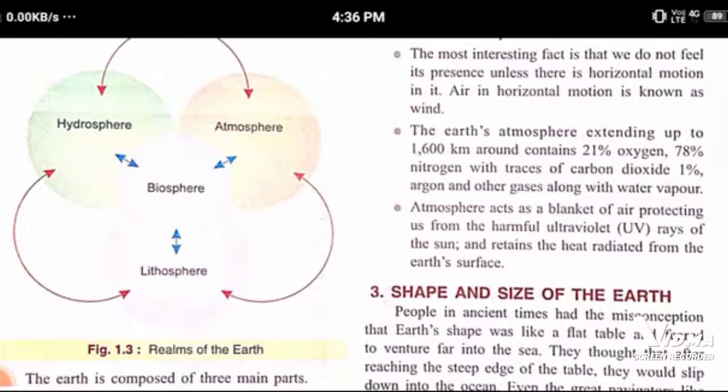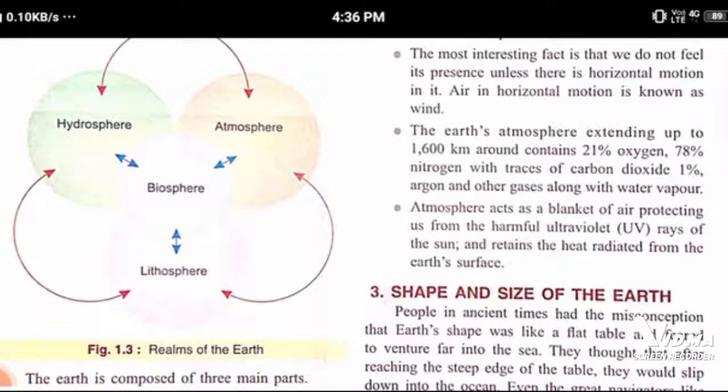The atmosphere acts as a blanket of air, protecting us from harmful ultraviolet rays. What are ultraviolet or UV rays? These come from the sun, are heat radiated, and cause great harm to human skin.